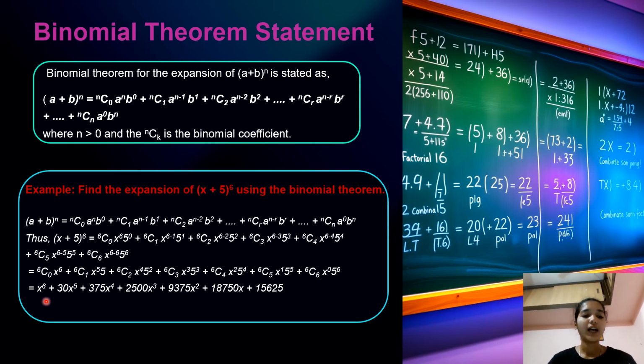We'll get the final answer after calculating this. x^6 + 30x^5 + 375x^4 + 2500x^3 + 9375x^2 + 18750x + 15625.